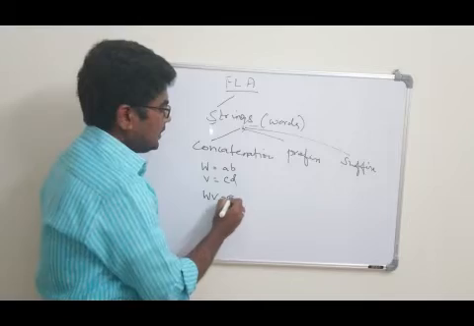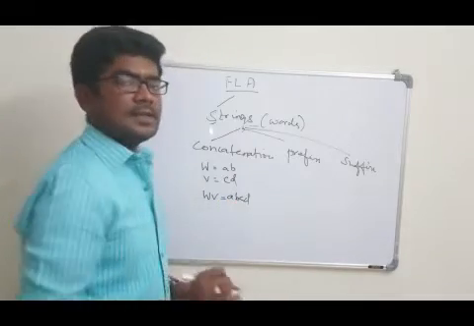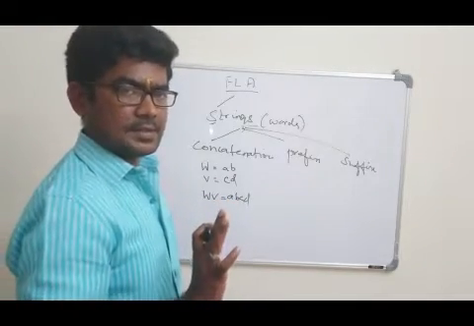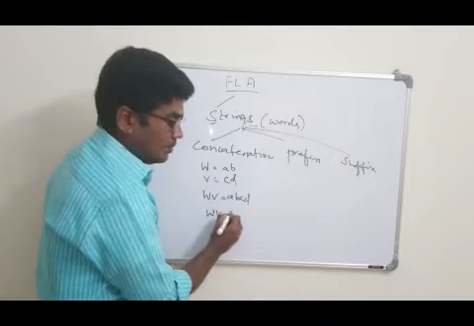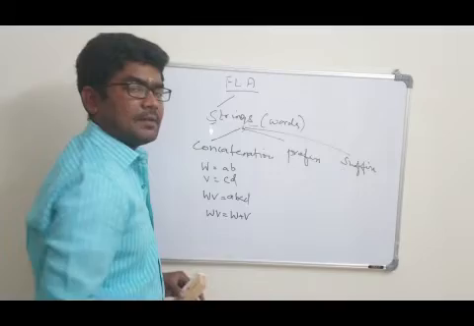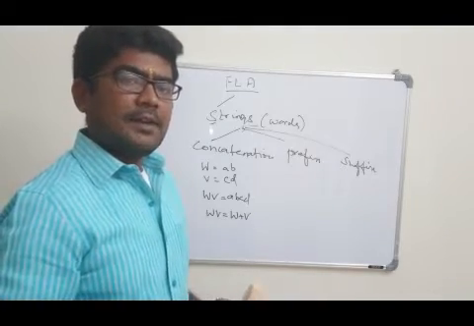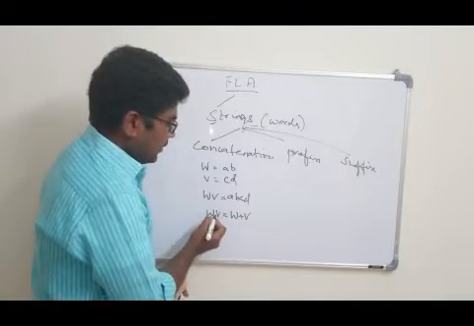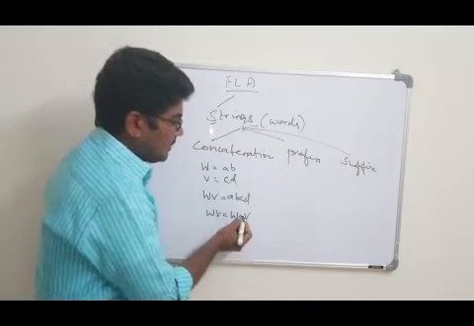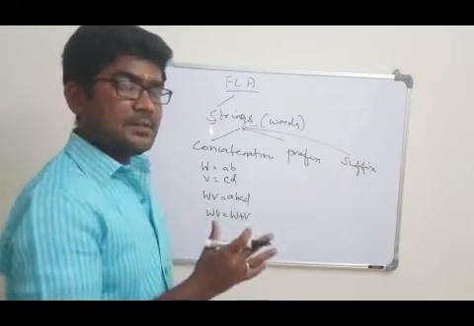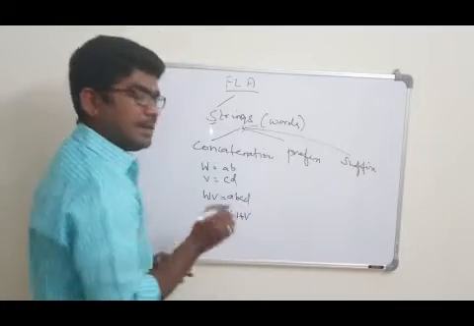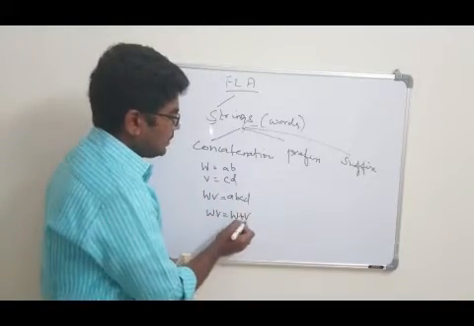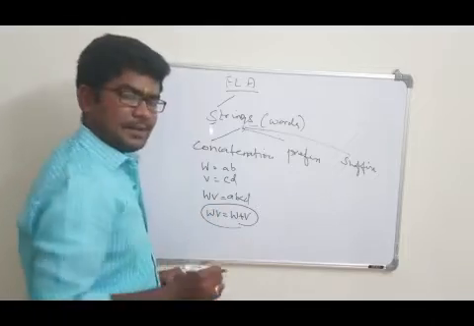WV equal to ABCD, that is said to be concatenation, just joining these strings. This can be represented by WV, or we can also write W plus V. So concatenation we can represent with a dot product as well as plus. There is some difference, but both come under concatenation. That difference we'll see later when we are solving the problems.